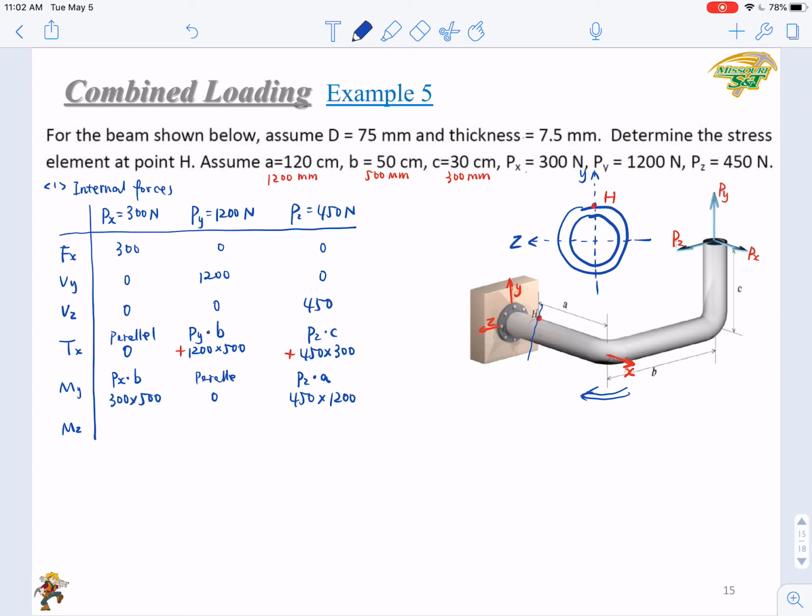You just need to analyze if they will make positive or negative bending stresses at point H. Just keep in mind they have the same sign, so when you combine them, you can just add them together. Let's note them here: the two components have the same sign.